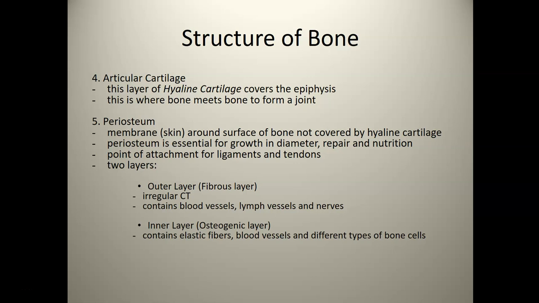Number 5 is that we actually have a skin on the bone. Within the skin, we find nerves and blood vessels that help supply the bone and keep it alive. It is called the periosteum. The periosteum is a skin or membrane around the surface of the bone that is not covered by hyaline cartilage. So where we have hyaline cartilage, we do not have a periosteum.